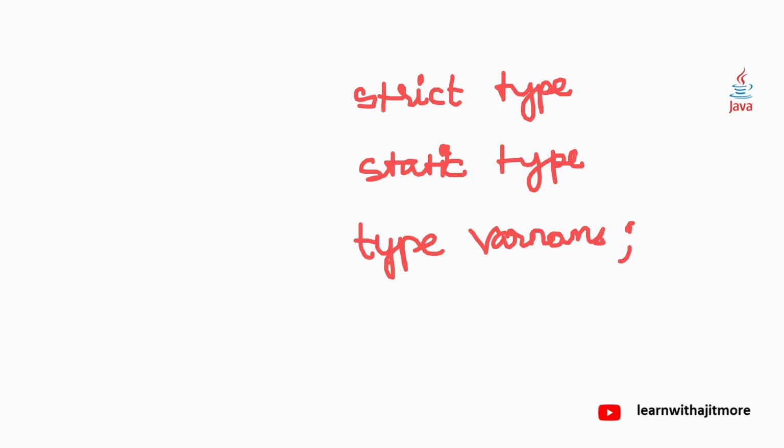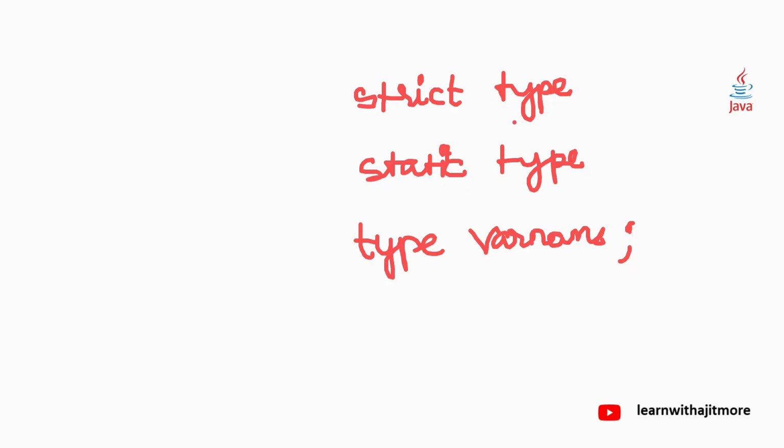In short, the type of any variable is decided at compile time only. Therefore, it is called static type. So always remember, any language which is called static type means no variable can be used without declaration, and the type of that variable is to be informed at compilation.